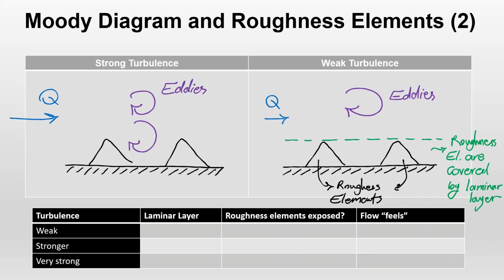So as you can see, because the flow is stronger, the eddies are stronger, the flow is more turbulent, the roughness elements can stick out of the laminar layer and can feel the impact of turbulence. So in this case, the laminar layer will be pushed down over here. So this distance would be my laminar layer, which is pushed down because the turbulence is stronger.